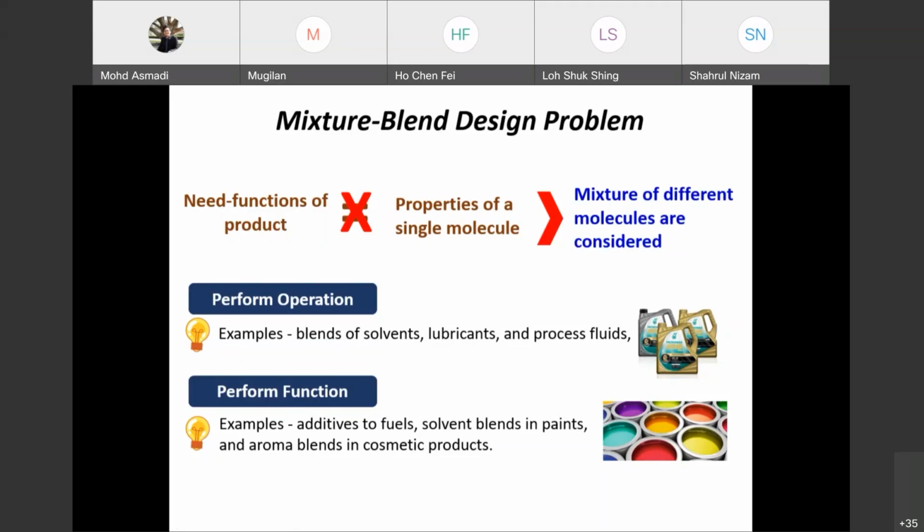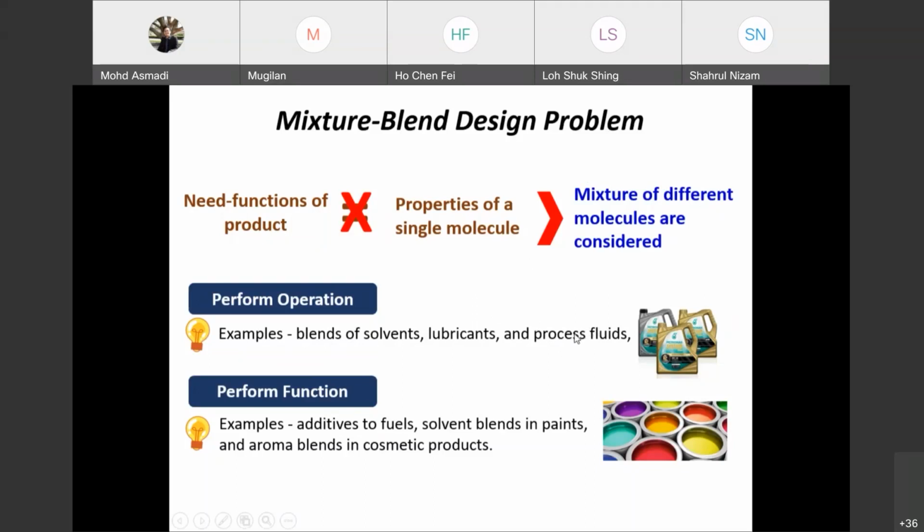Similarly, like molecular products, a mixture blend also can be employed to perform specific operations in the process industry. For example, a blend of solvent, lubricant, and also process fluid.